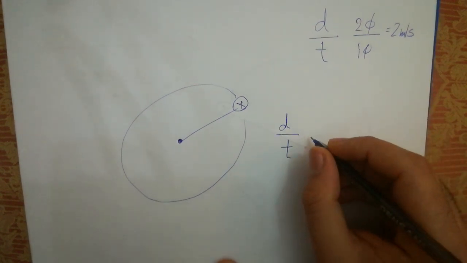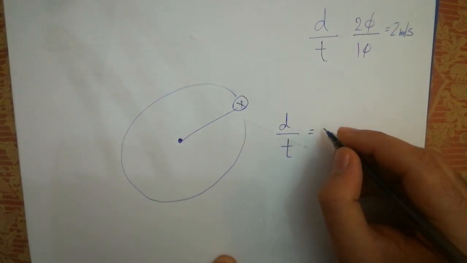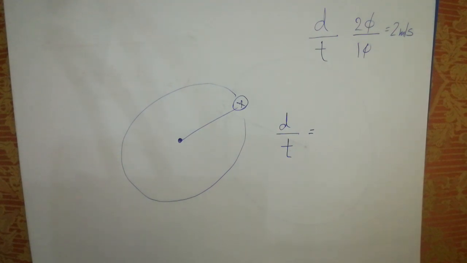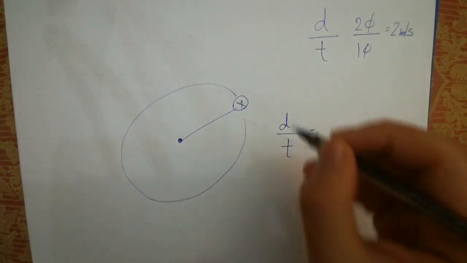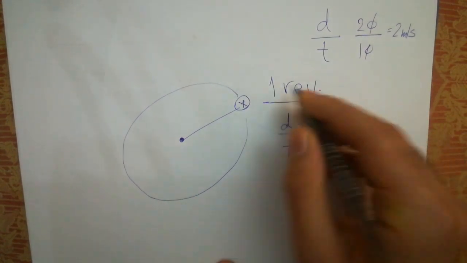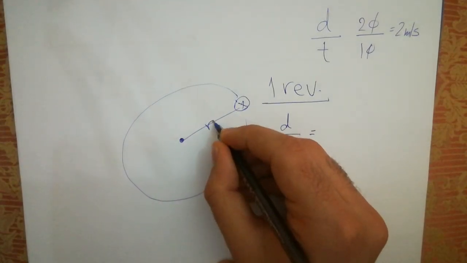In order to solve this problem, here's what you need to do. You have to bring the distance and divide it by time. Well, I didn't say anything different, but here's how we're going to do it. You're going to look into one revolution only. Just one cycle from here to here. And then you have the radius, am I right?